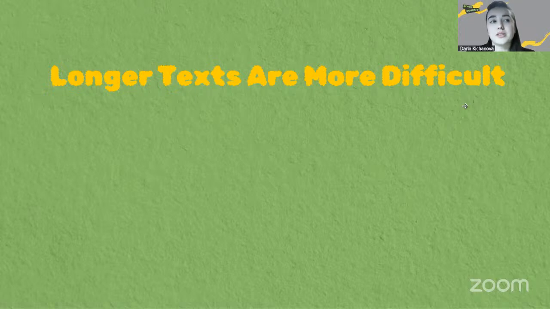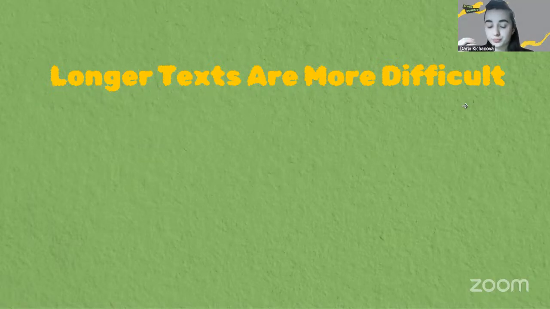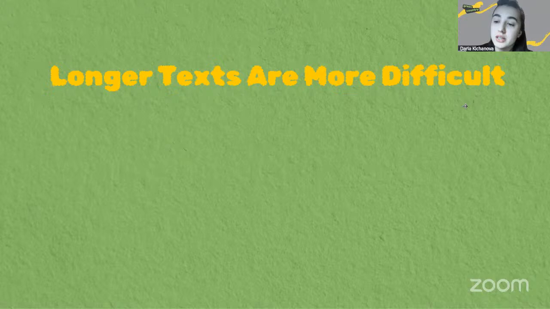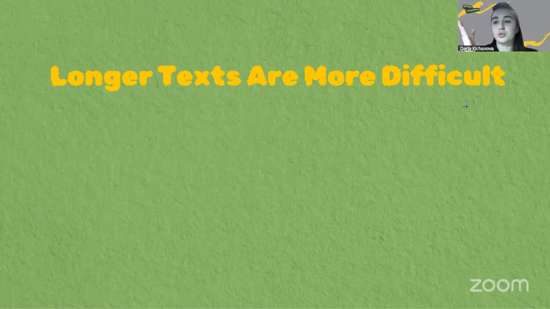I don't know why people think that they are longer. They can be more difficult, because sometimes you need to remember all the details to understand the main idea. Maybe in such a way it is more difficult, to check this idea going through all of the text.